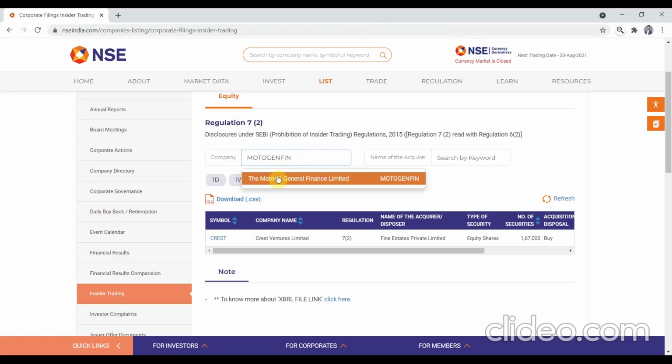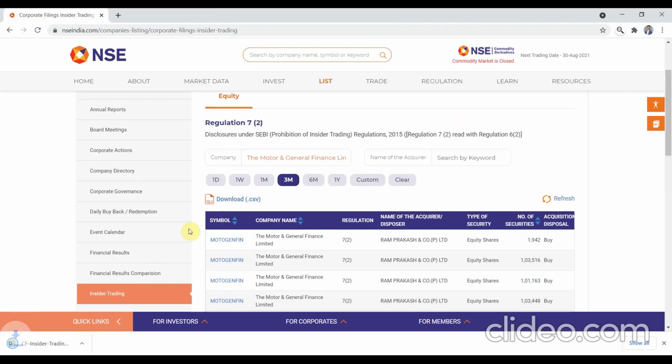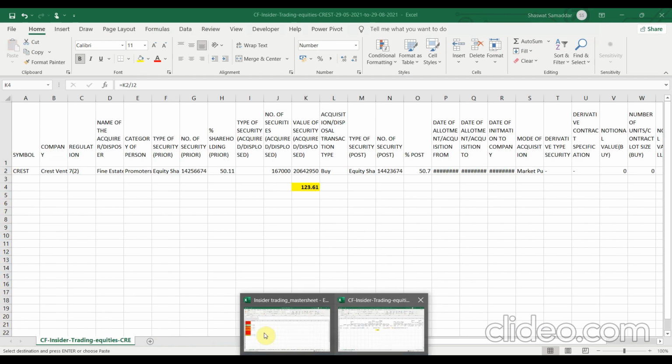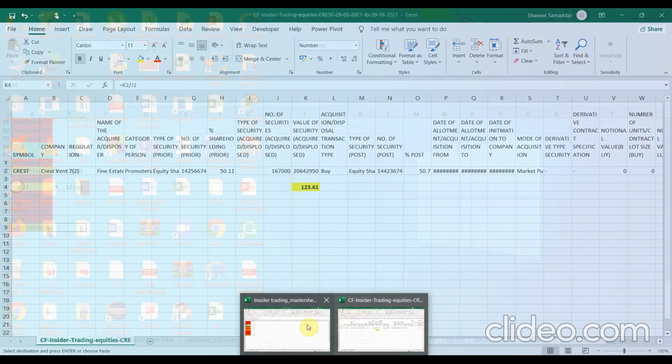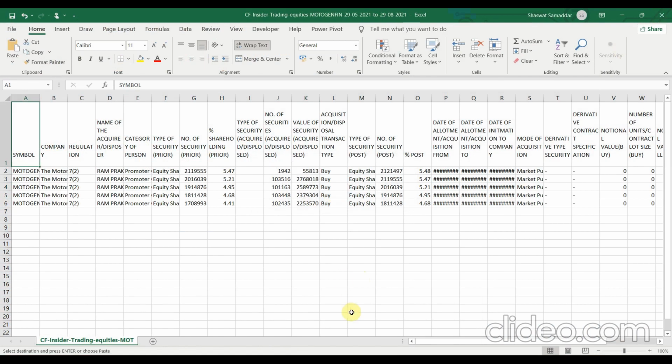Click on this, and this is the last stock for which we are going to calculate the average price for today. All right. Category of person looks good. Promoters. Mode of acquisition is market purchase.